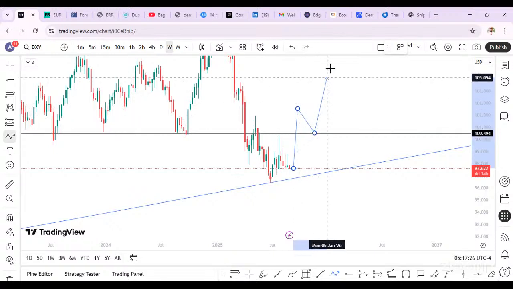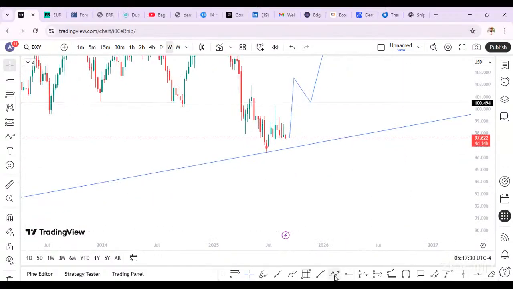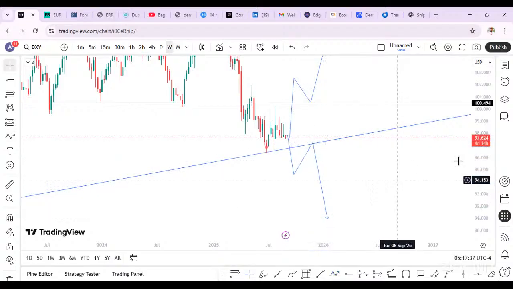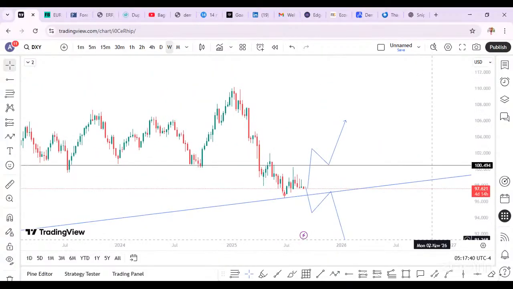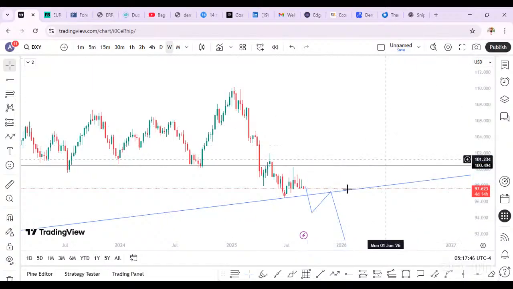This will be the kind of trend that we should be expecting on dollar with all this news that is coming up. So we want to see something like this to give us clear direction. But for now, there's no clear direction.